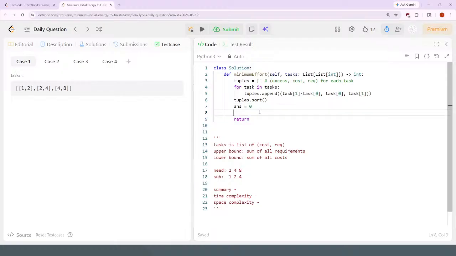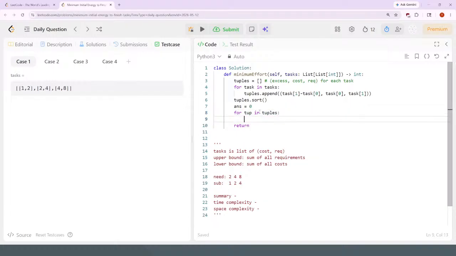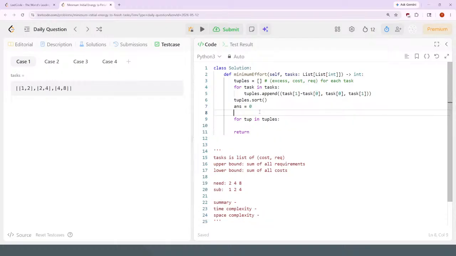So for every tuple in tuples, let's say, okay, let me have a starting.